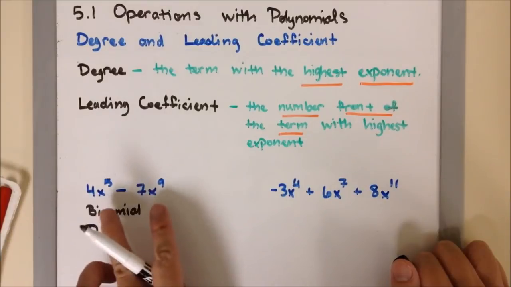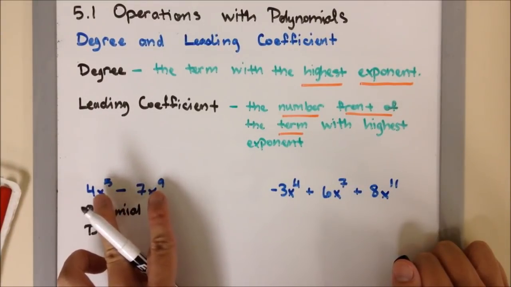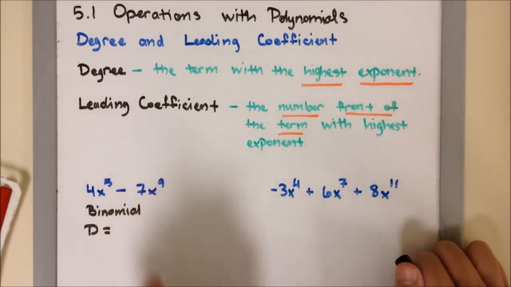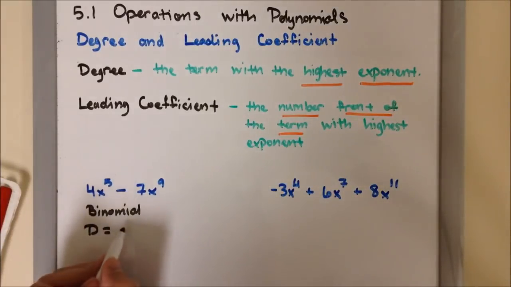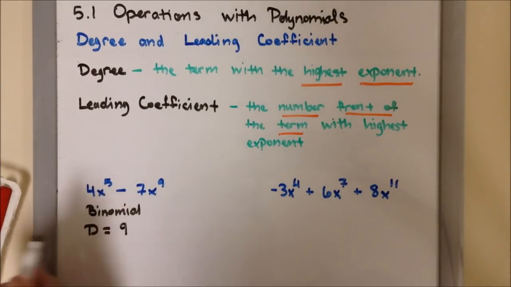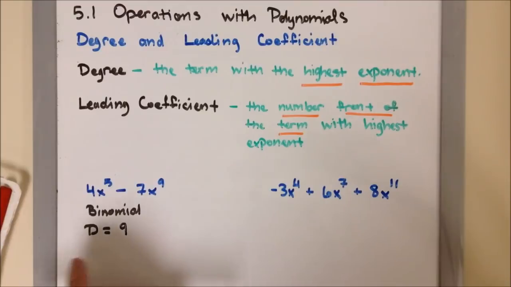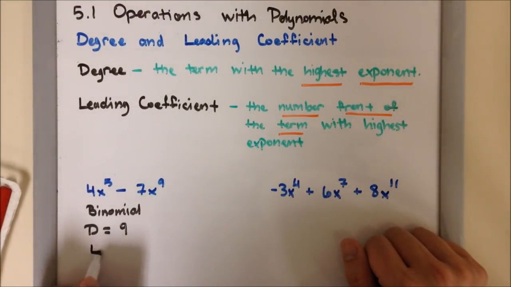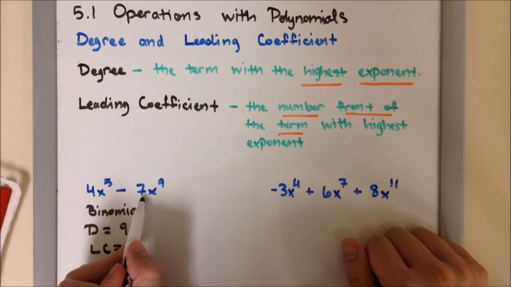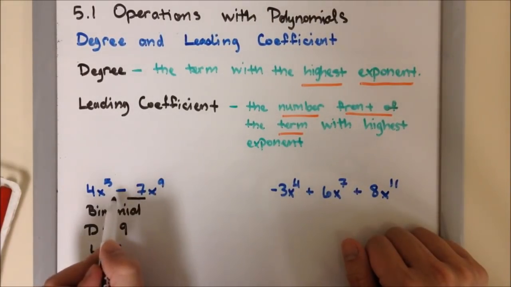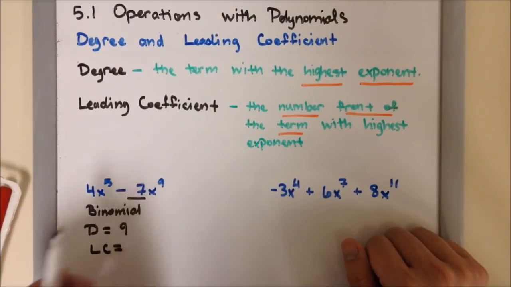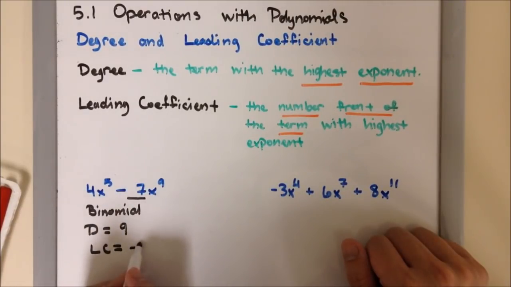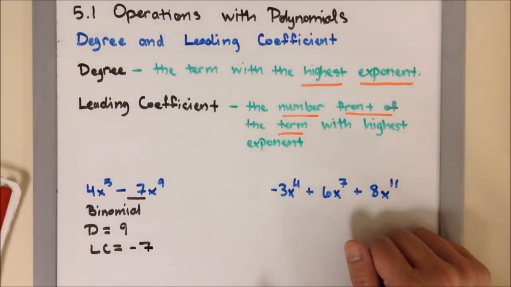So you look at the exponents, so it's 5 and 9, so the highest is 9, so I'm going to put D equals 9 for highest exponent. Now I'm going to put LC for leading coefficient. So basically the number that's in front of the highest exponent. So since I have a minus 7, my LC will be negative 7. And then that will be my answer for this example.